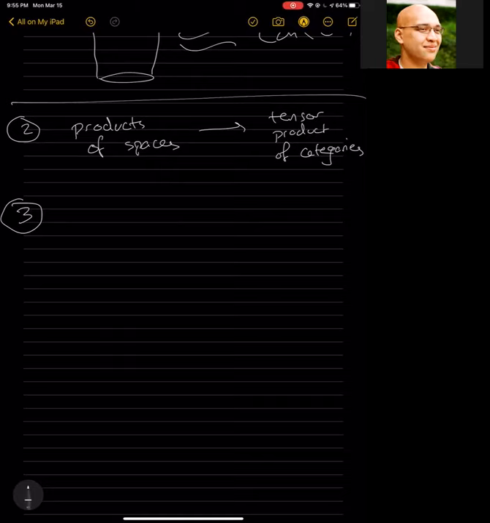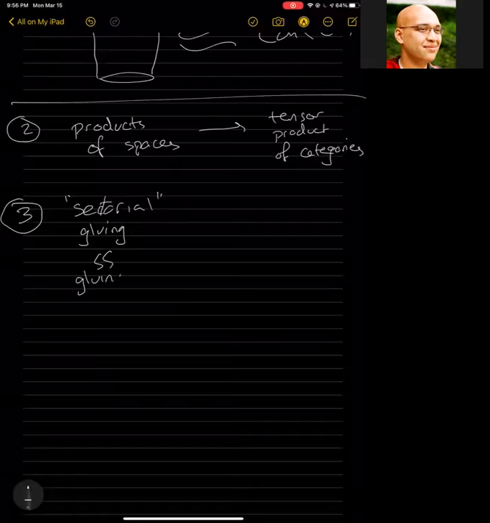Then the third principle is what's called sectorial gluing, never mind what this is, I'll explain later. Certain kinds of gluing, which is roughly speaking gluing along stops. Arnav is saying some category theory words which I don't know what they mean.